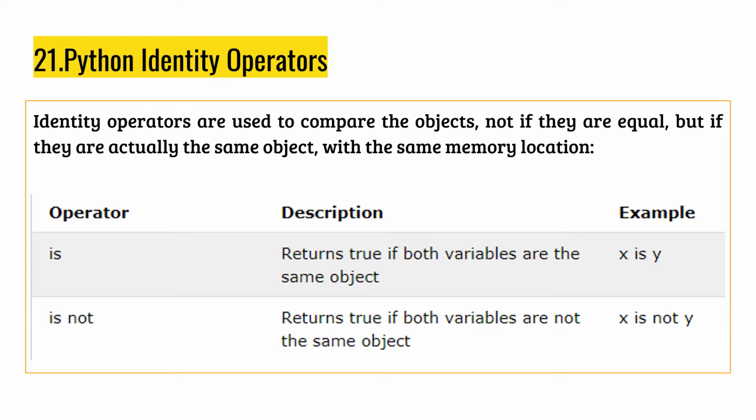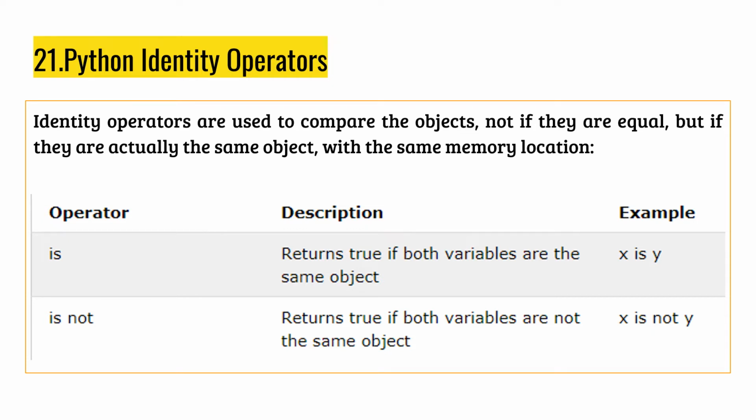Now these two, a and b, refer to different memory locations. Unless you change it, you can give 100 different variable names to the same value and they will refer to the same memory location. So the identity operator is going to check whether it refers to the same memory location or a different memory location.